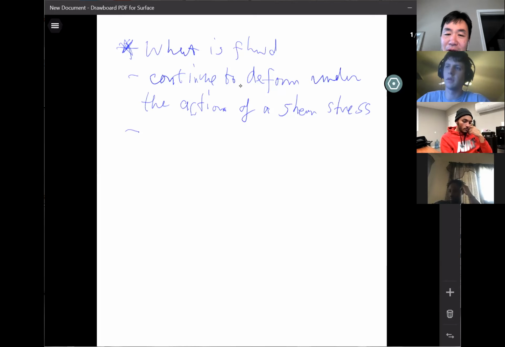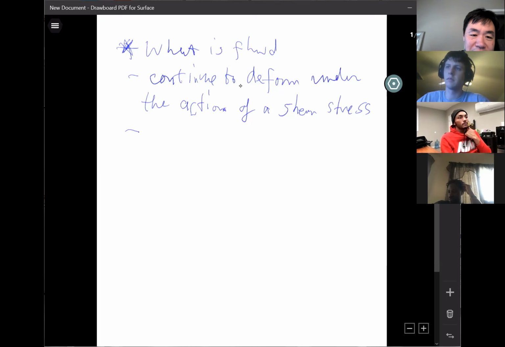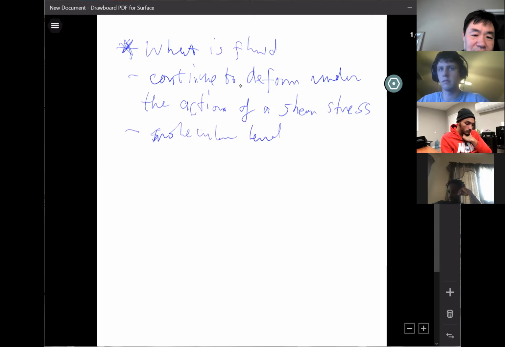If you look at the molecule level, small scale, they say a solid has an ordered molecular structure, and the shape is rigid and bound.